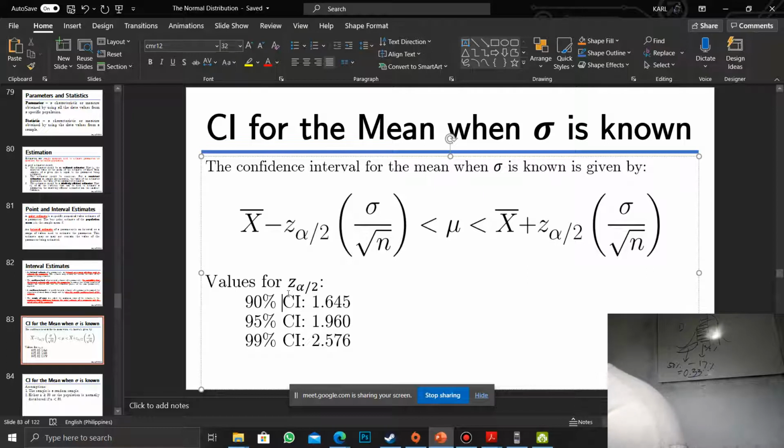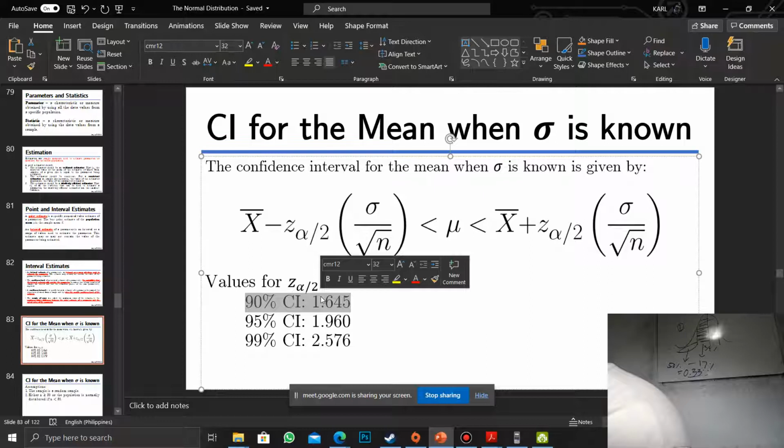So, another way of interpreting yung confidence interval, create a confidence interval for which there is a probability of 90% that the values will be between the interval. Basta, Z alpha over 2 is the Z value for the given confidence interval.